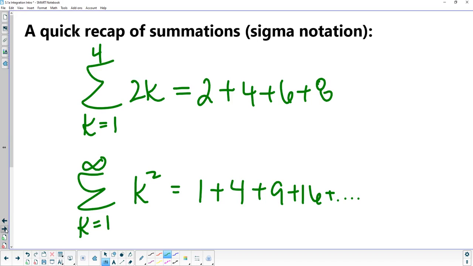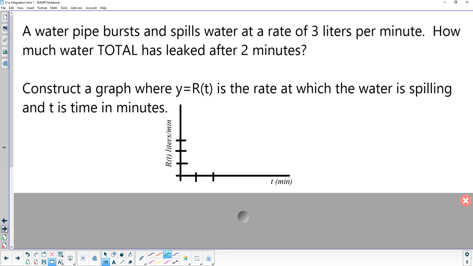What do you think this has to do with integrals? By the way, what question does the integral answer? How much? Definitely a sum, right? You do not need to write any of this down, but let's talk. A water pipe bursts and spills water at a rate of 3 liters every minute. That's a derivative, right?